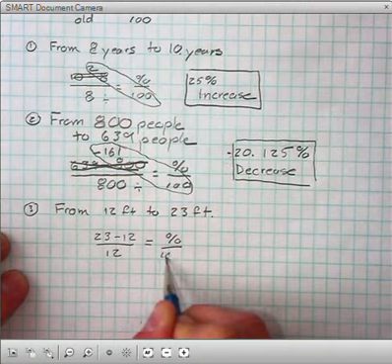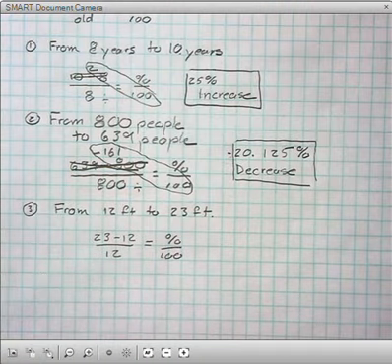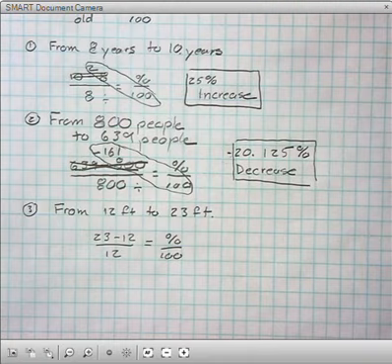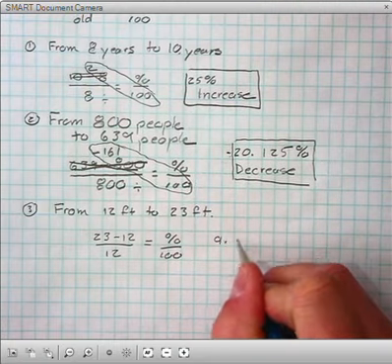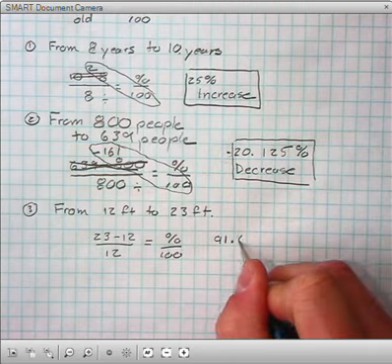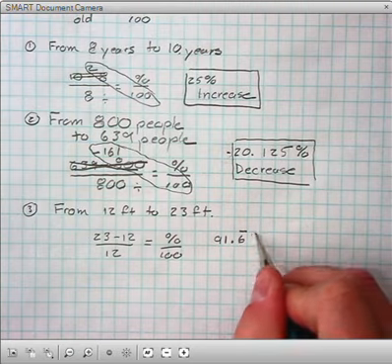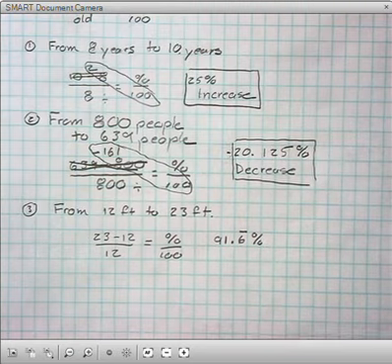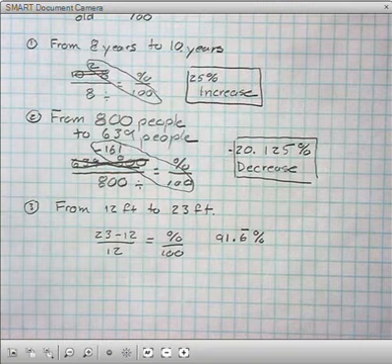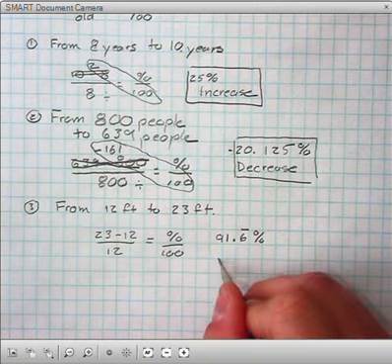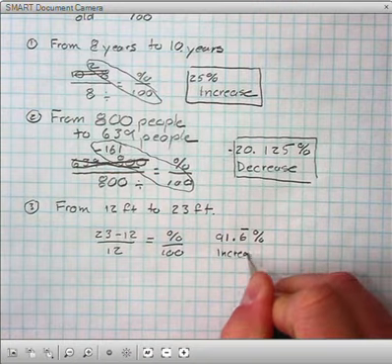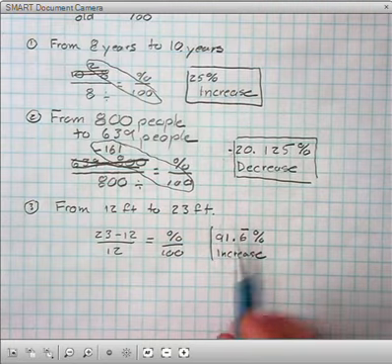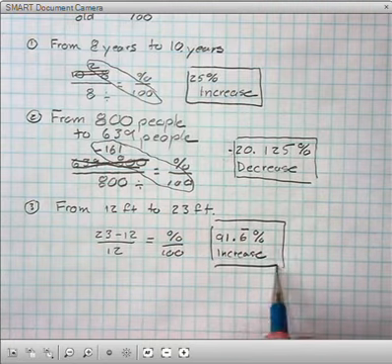Anybody think they got it? Did you get Samaya? 91.6. Repeating? Yeah. Perfect. And is that an increase or a decrease? That is an increase, yeah. If we're going from 12 to 23, you better believe that's an increase.